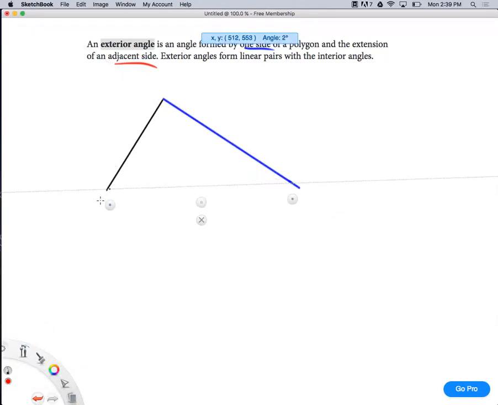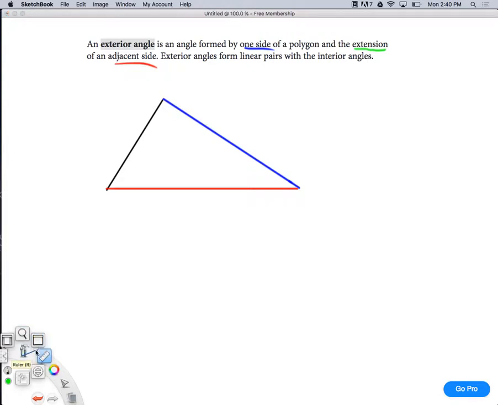The adjacent side is right here. But it doesn't say that the angle is formed by one side and the adjacent side; it's the what of the adjacent side? The extension of the adjacent side.